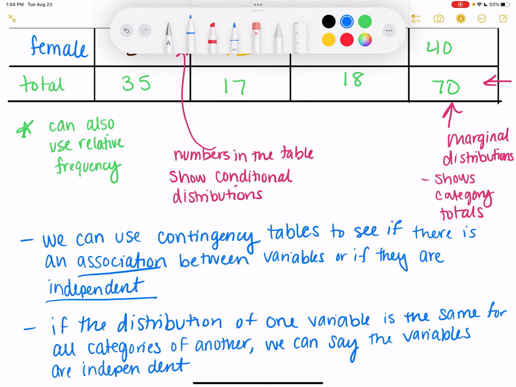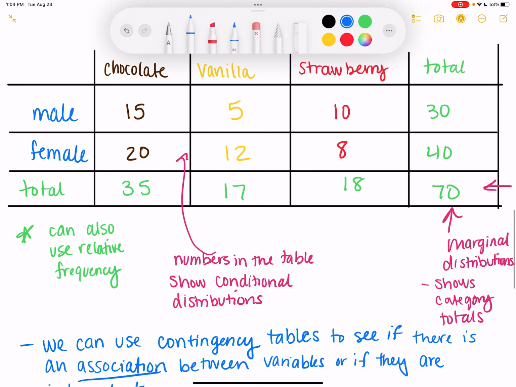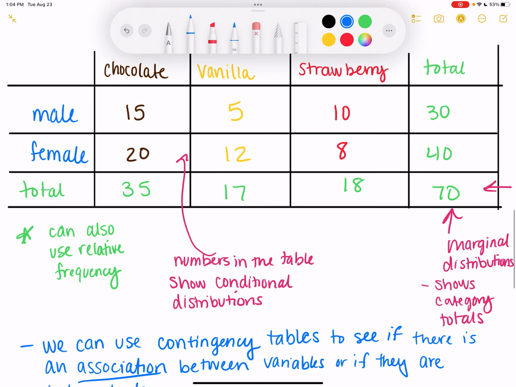So using that table, we'll look at an example of how to tell if it's independent or not proportionately, because obviously if you look at these counts, it doesn't look like they're the same, right? Because each count isn't the same, but we're looking at proportionately out of the total, are they the same?